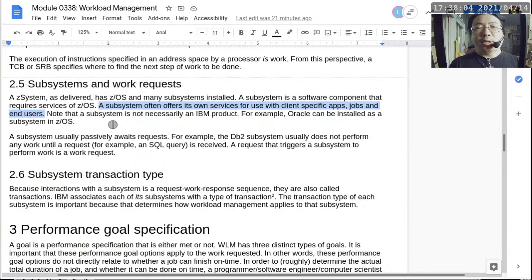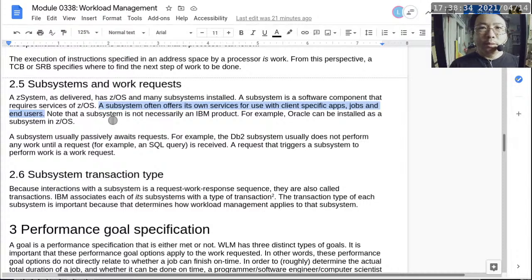In this particular case, DB2 requires the support of VSAM. So without the operating system installed, DB2 cannot function. CICS is the same way; it is a subsystem. JES is a subsystem. All of those are components that can be installed and function once z/OS is up and running.